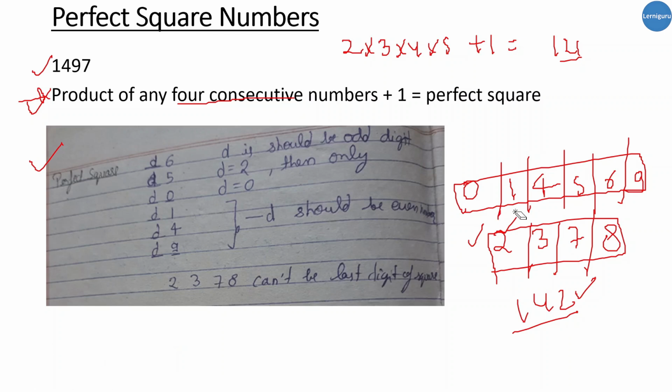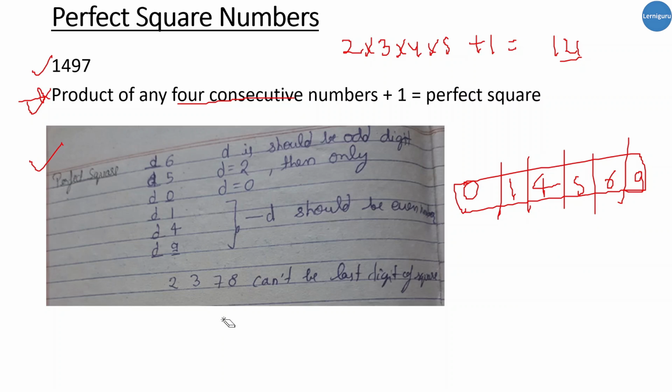So this is for the last digit, and there is also a condition for the second last digit. If a number is ending with 6, the tens place must be an odd digit, like 36.